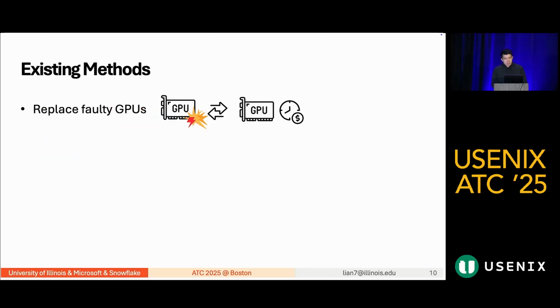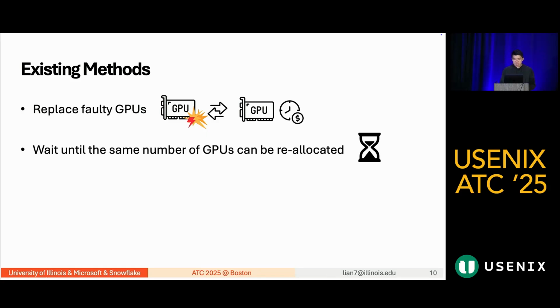As discussed in the previous slide, there are a few methods to deal with this. If a GPU fails, one option is to wait for the faulty GPUs to be physically replaced. But this approach requires maintaining a reserved pool of spare GPUs, which remain idle during training, resulting in inefficient resource usage.